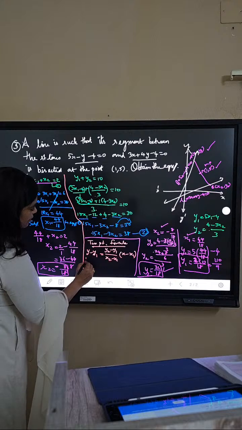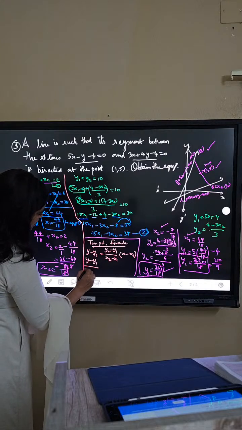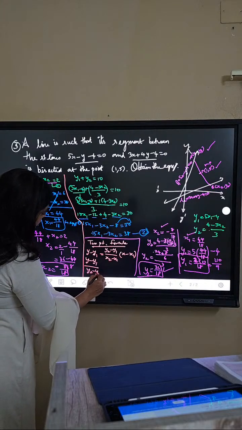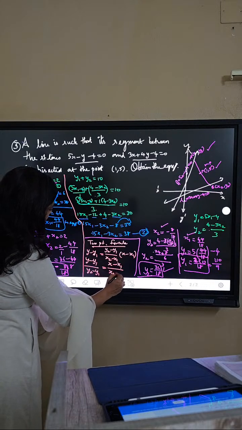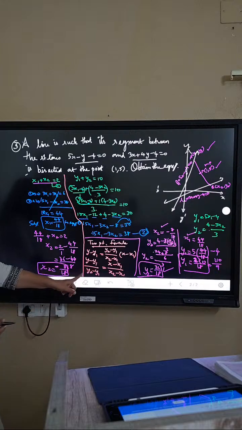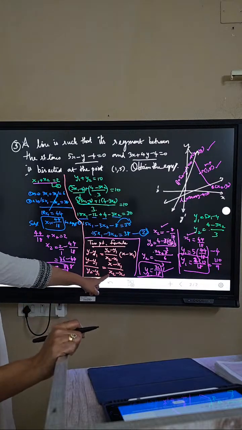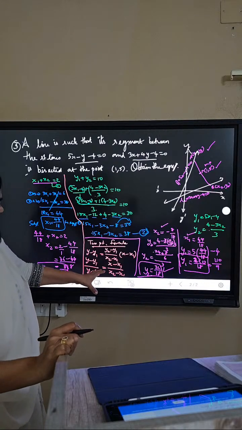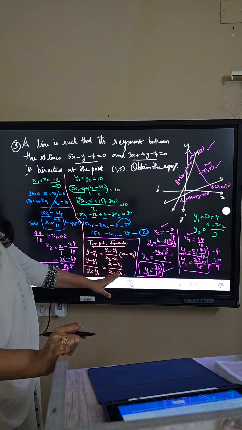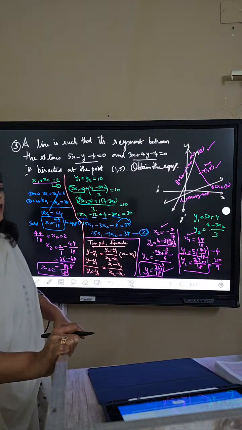Either you can write this way, or you can write it this way also: (y minus y1) by (y2 minus y1) is equal to (x minus x1) by (x2 minus x1). You can use all the x1, y1, x2, y2 in this equation and find out the equation.